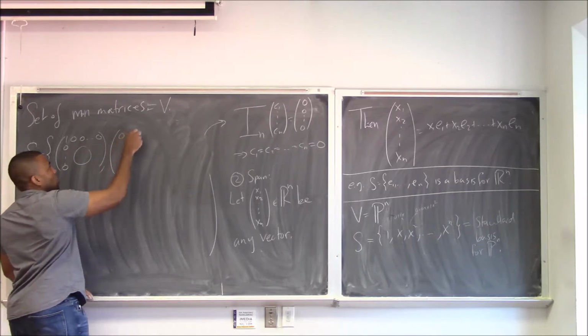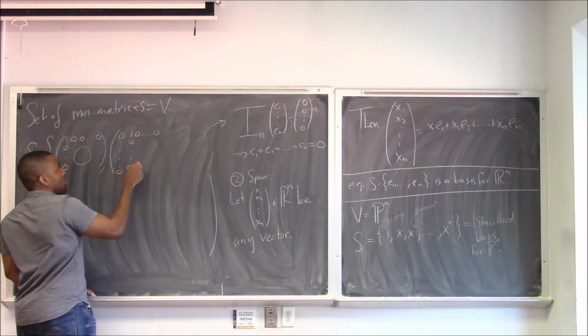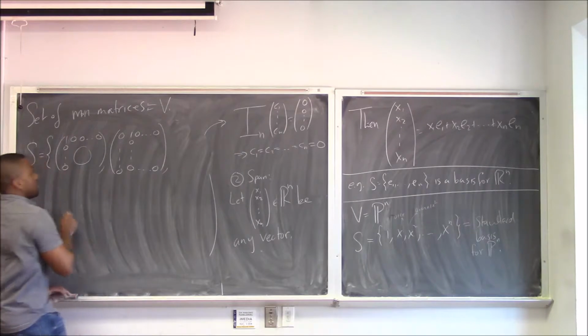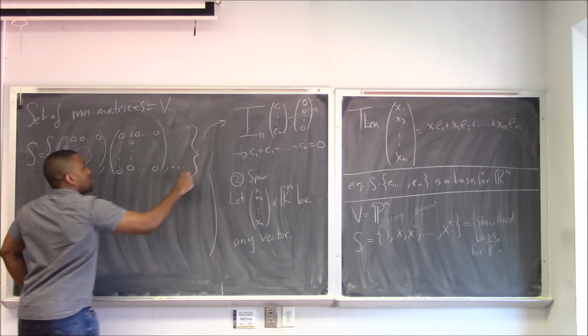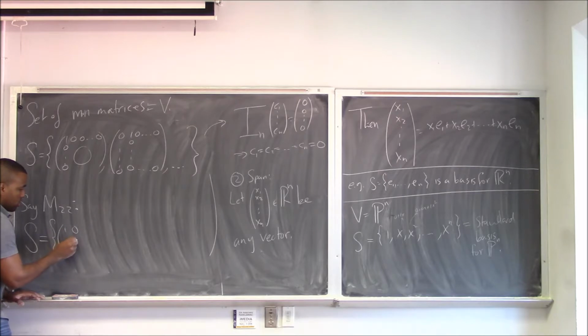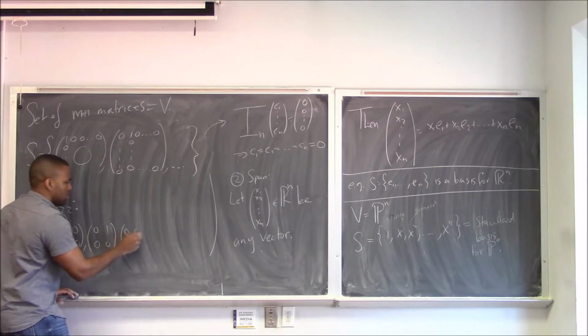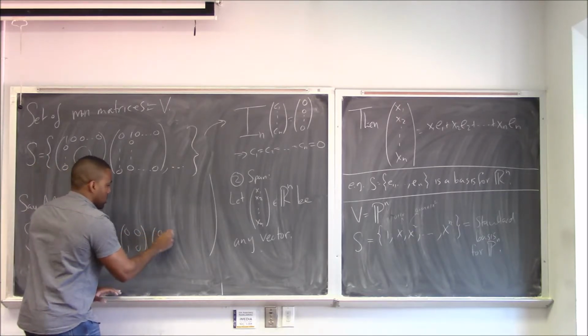Then I would have one where there's a 1 in the second position, and zeros everywhere else, etc. So it's the set of all matrices where there's a 1 in one component, zeros everywhere else. Say I'm looking at M22, just for me to write out a full set. What would the standard basis look like? 1, 0, 0, 0; 0, 1, 0, 0; 0, 0, 1, 0; 0, 0, 0, 1.